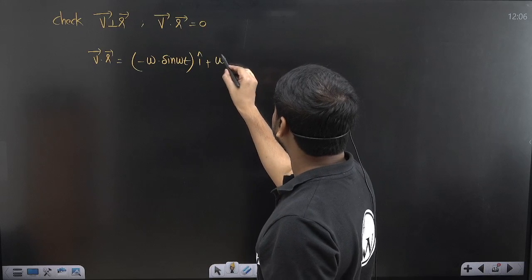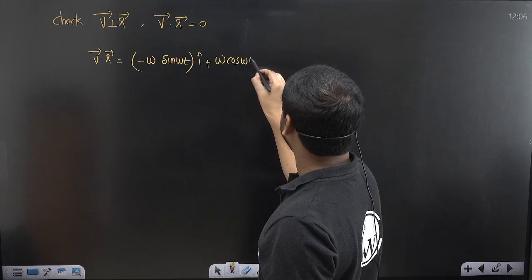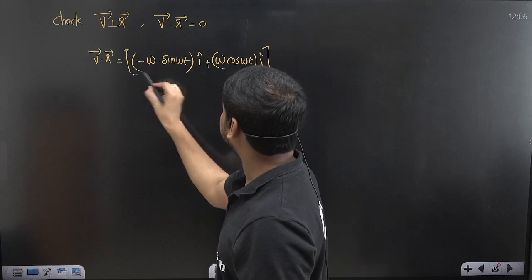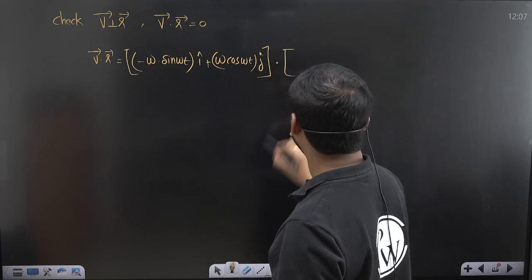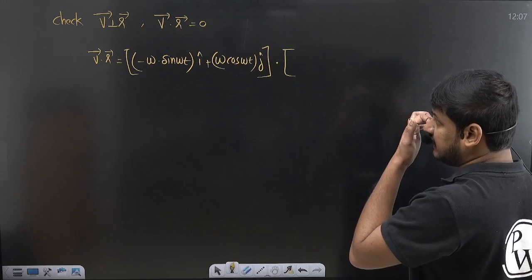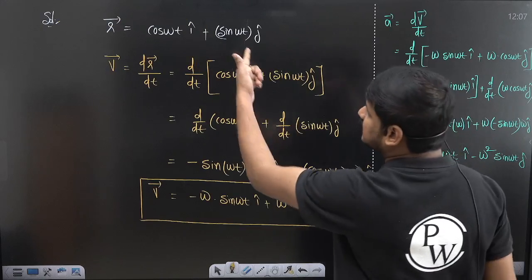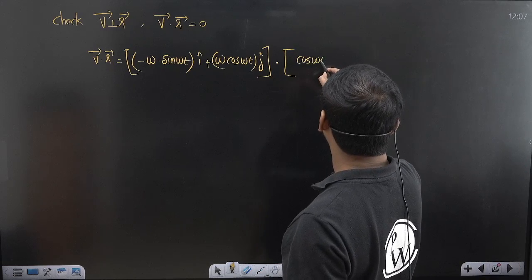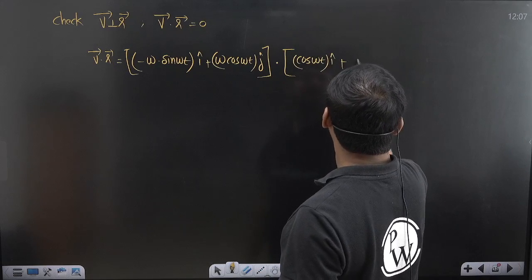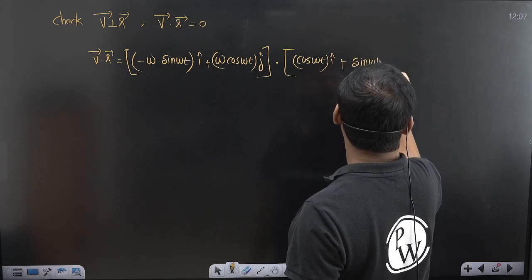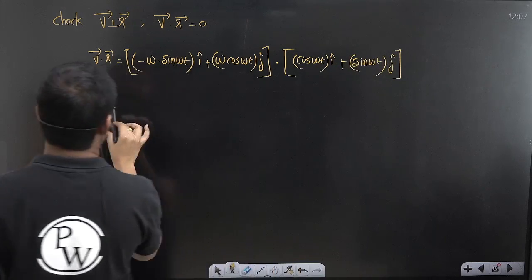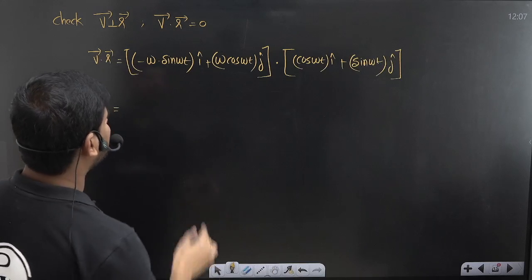This is the first vector, which is the v vector, dot the r vector. What is the given r vector? Cos omega t I cap plus sin omega t j cap. So from here I can write I dot I plus j dot j.